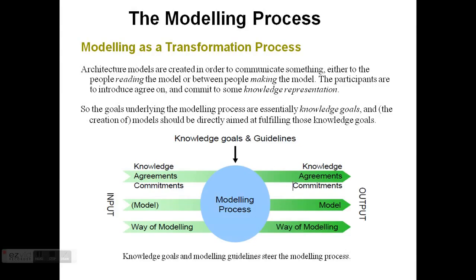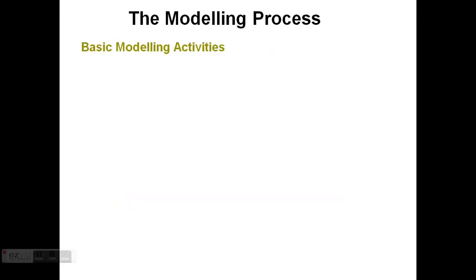For example, they may decide to start using the concept of service, or a specialization of that concept fit for their specific modeling context. Therefore, the knowledge goals steer the modeling process, or should do so. Of course, these goals depend on the modeling context itself.